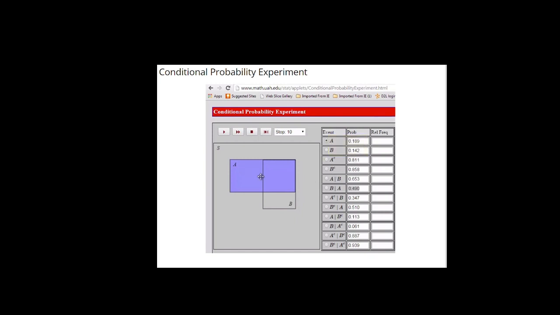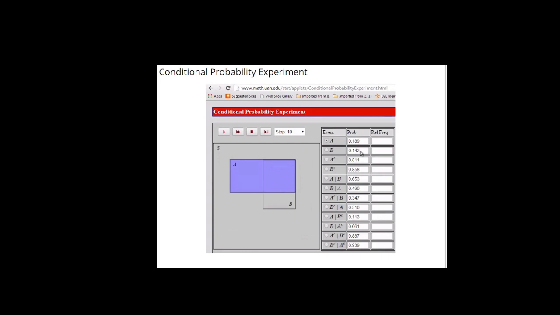And the probabilities are essentially the area of these rectangles for A and B divided by the area of the whole sample space. And so probability in this example is indicated by its area. You also see that there is some intersection between the events A and B. In particular, for example, this region, the intersection of A and B, looks like it's about 1/2 of the event A.